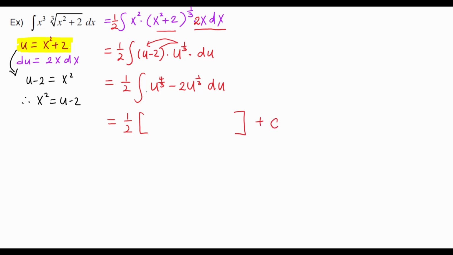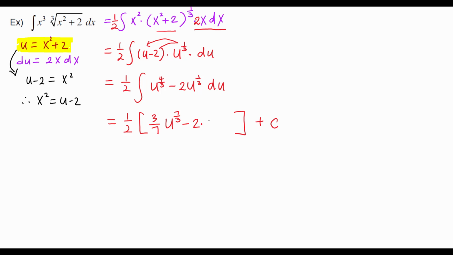And then when I integrate u to the 4/3 power, I need to add 1 power, and 4/3 plus 3/3 is 7/3. So you get 3 over 7 u to the 7/3 power minus 2 times, when you integrate u to the 1/3 power, I gain 1 power, and 1/3 plus 1 is 4/3.